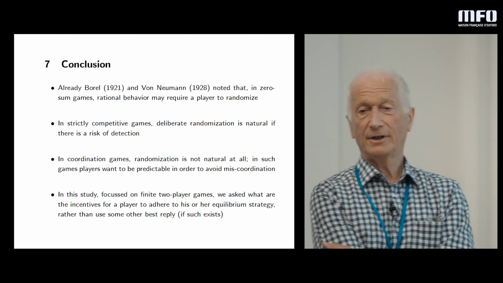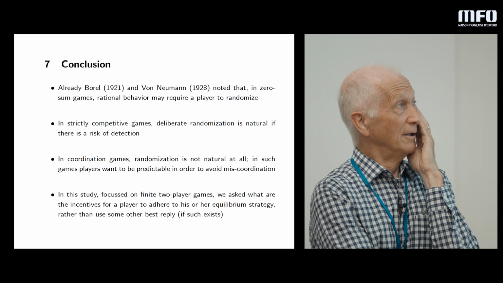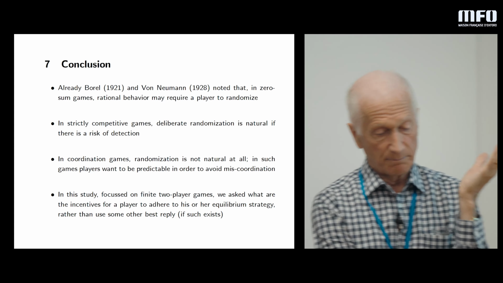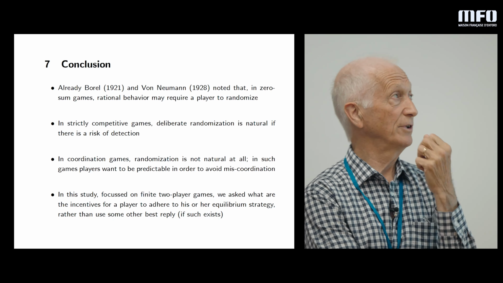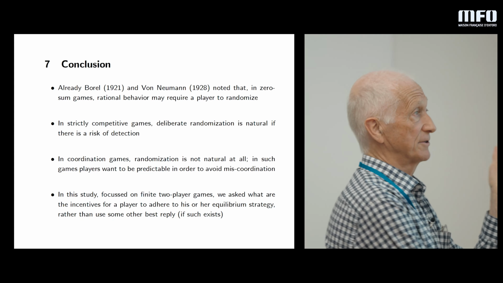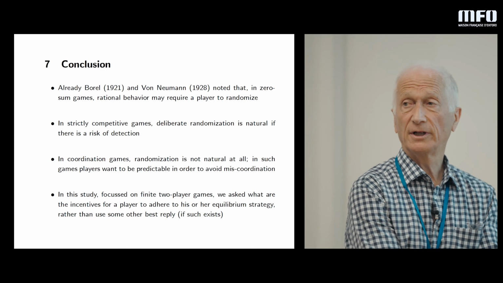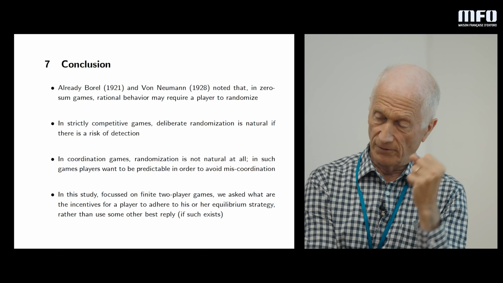Okay, so now I'm reaching the end of the talk, and just recall that it might be natural to introduce randomization in zero-sum games. That was suggested by Borel already and von Neumann. While randomization is not natural at all in coordination games, you would rather like to avoid miscoordination.